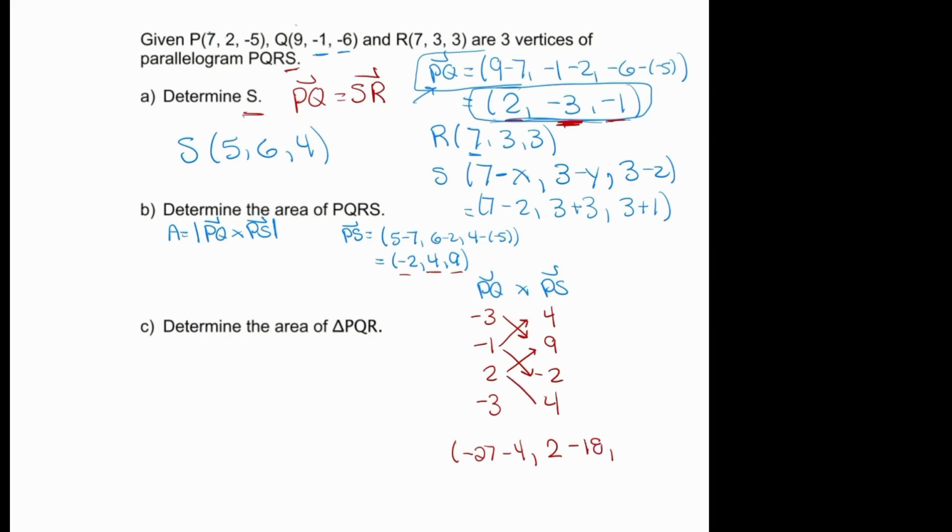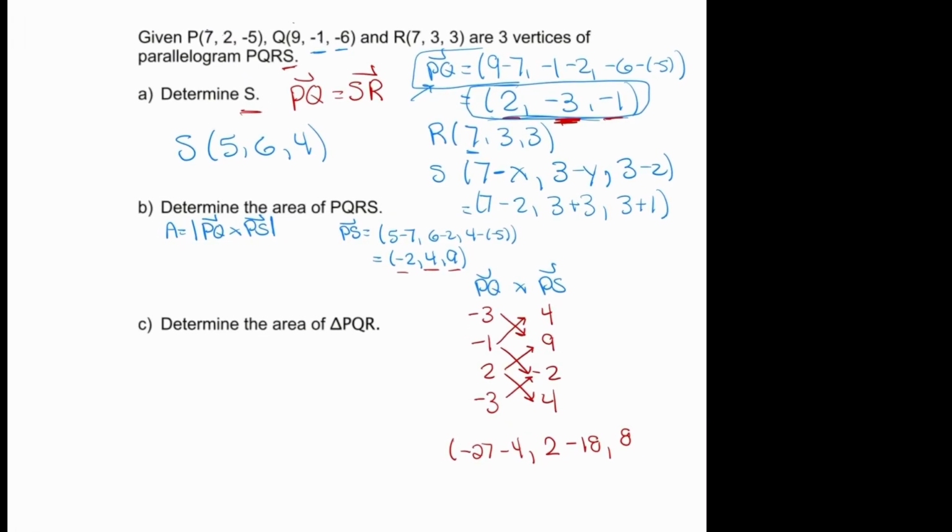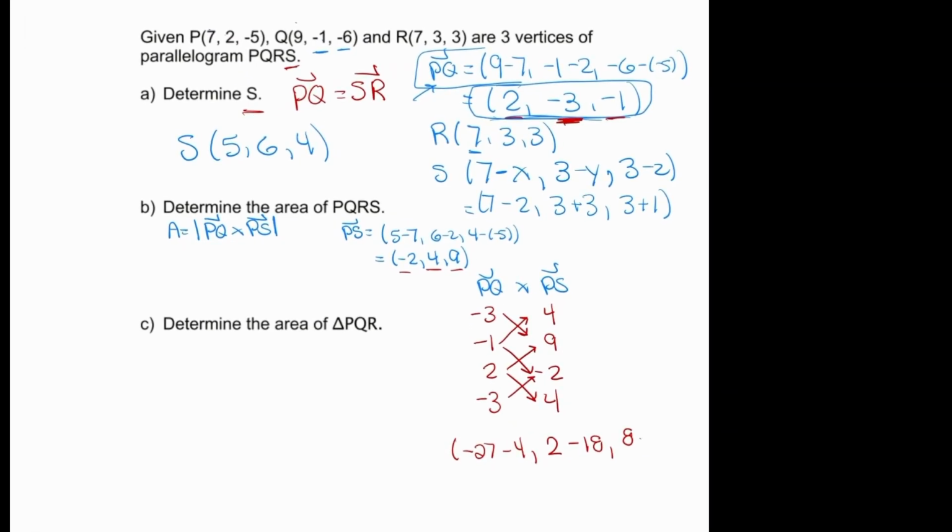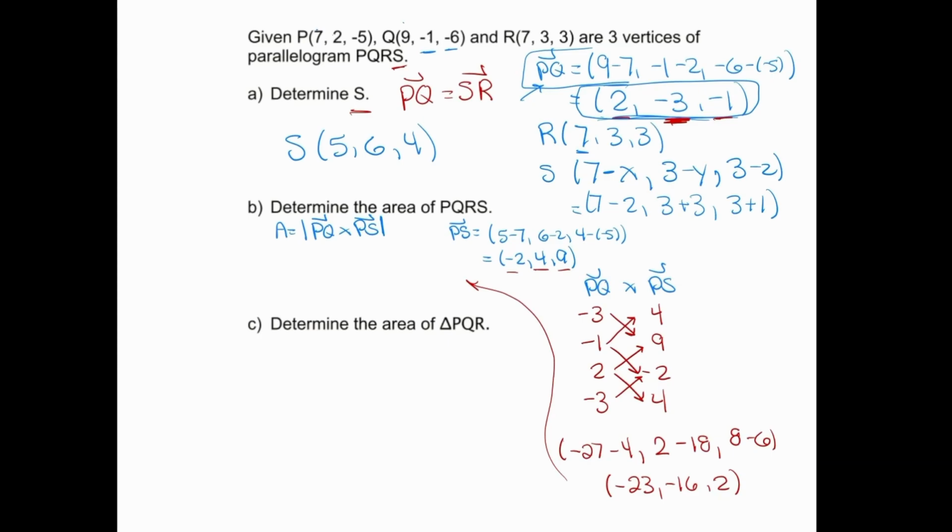And then we have 2 times 4, which is 8, minus -3 times -2, which is 6. So -6. So that gives me a cross product of -23, -16, and 2. So now we're going to come back up to here, and we're going to put this in here. So that is my cross product.